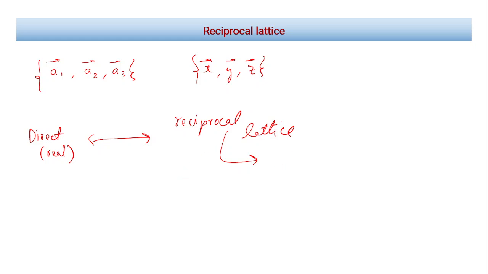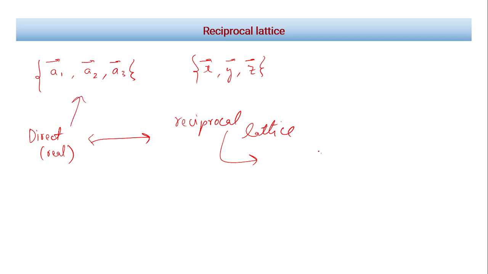But now let's just understand this by seeing that we had some lattice arrangement in real space, and then related to that we defined another set of basis vectors, and we call them reciprocal basis vectors. For real space we have A1, A2, A3.